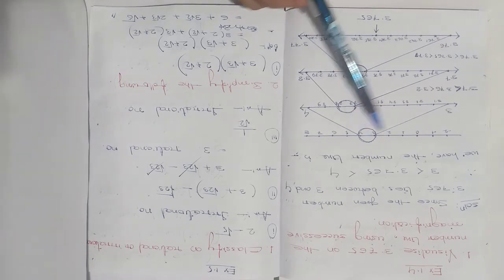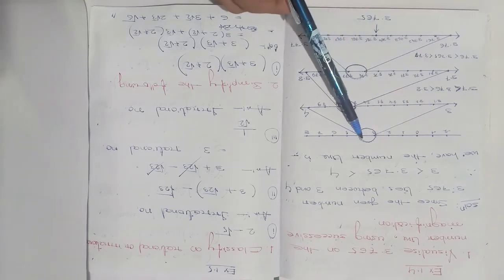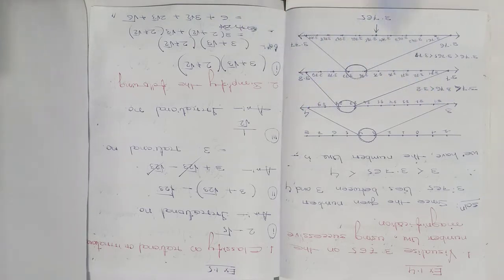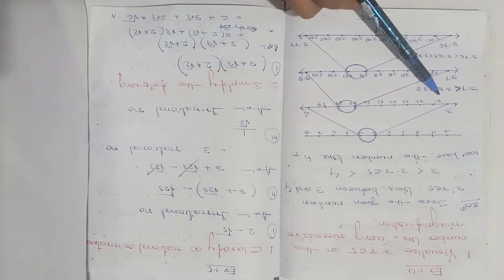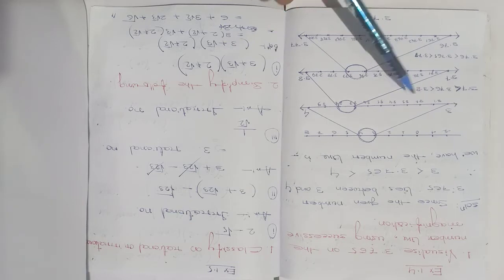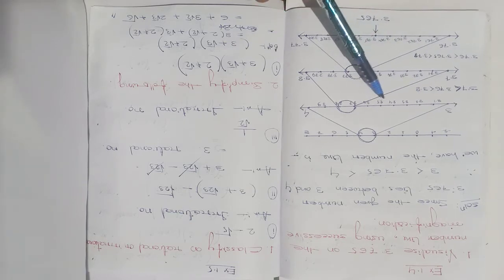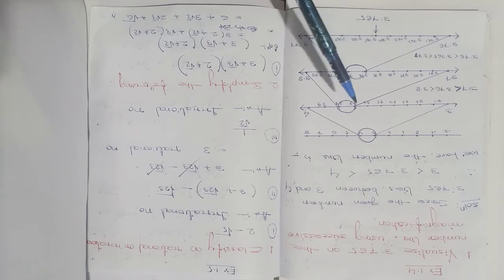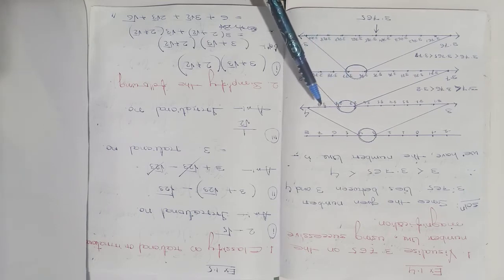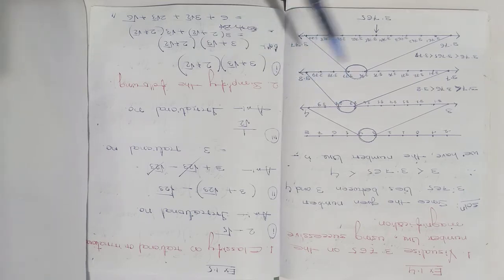This 3 becomes here and 4 becomes here. In between 3 and 4 there are 9 numbers, like 3.1, 3.2, 3.3, 3.4, 3.5, 3.6, 3.7, 3.8, 3.9, 4.0, right?